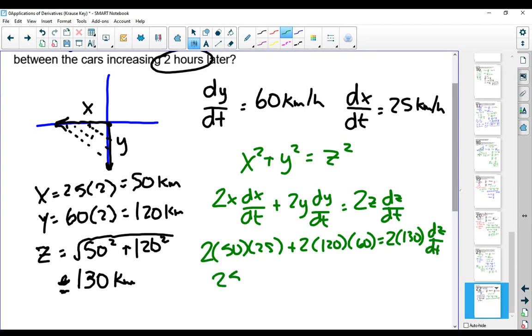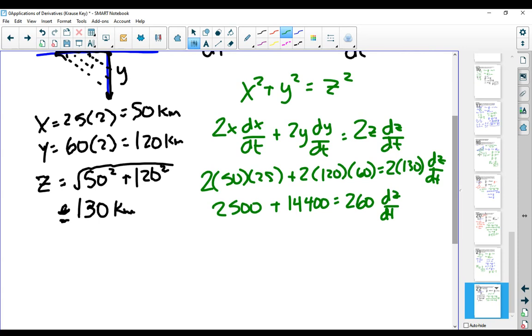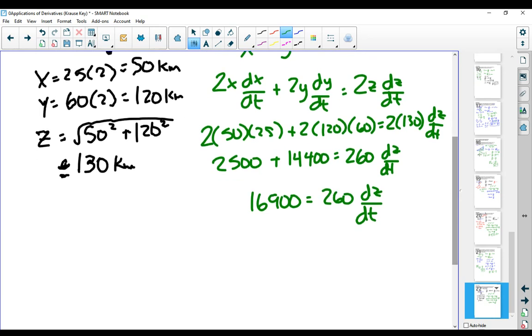Again, lots of simplifying. 2,500 plus 14,400 equals 260 dz/dt. 16,900 equals 260 dz/dt. And when we divide, we get dz/dt when time is 2 hours is 65 kilometers per hour.